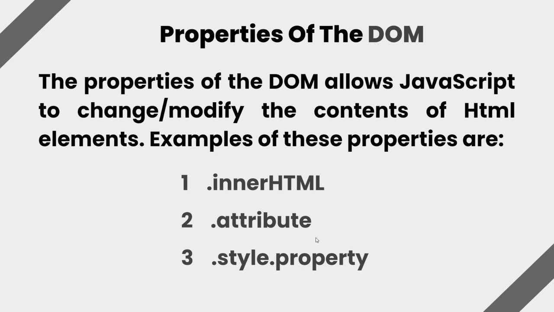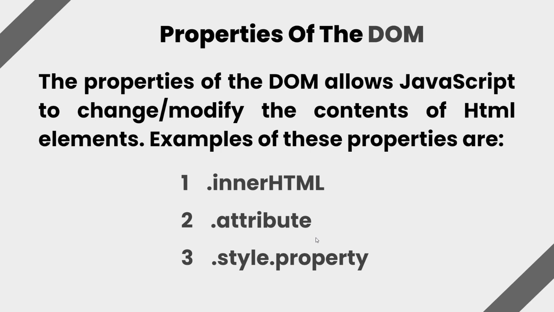The methods and the objects we learnt about are majorly used for accessing or finding. So the document and the methods are used to access the HTML element or to find the particular one you want to manipulate. Now, after you have found this element, the properties together with the element will allow you to change and modify its content.